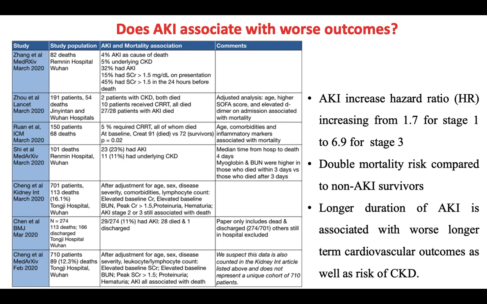Definitely, because when the stage of renal dysfunction increases from stage 1 to stage 3, the hazard risk ratio increases by a factor of 1.7, so it doubles the mortality, no doubt about that. The longer the duration of acute kidney injury, the worse the outcome in terms of the cardiovascular system, and there is a high chance it can lead to chronic kidney disease.